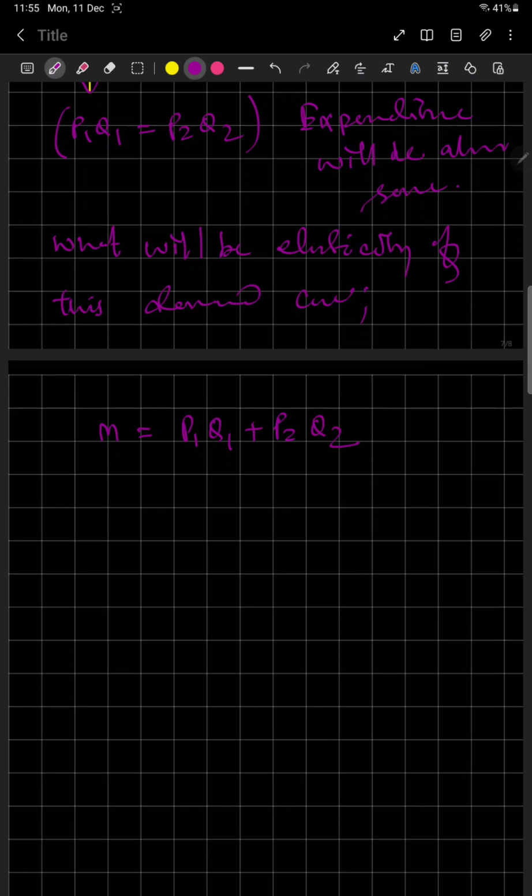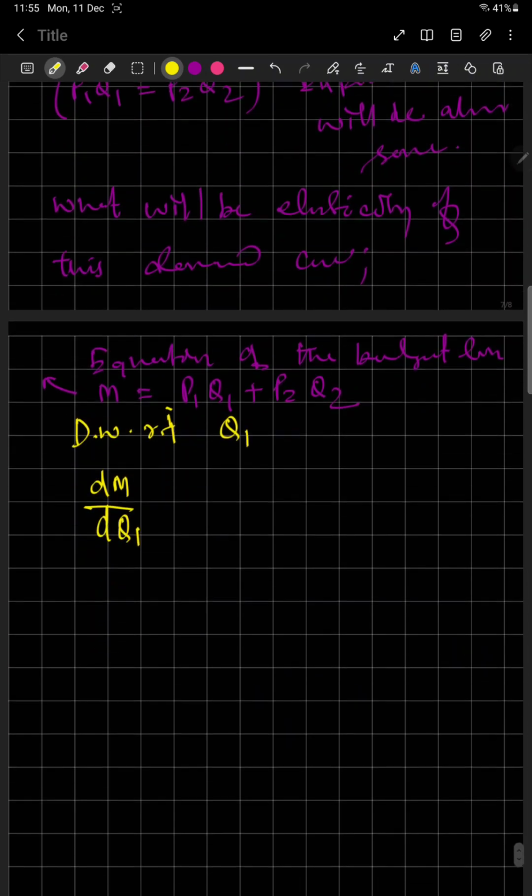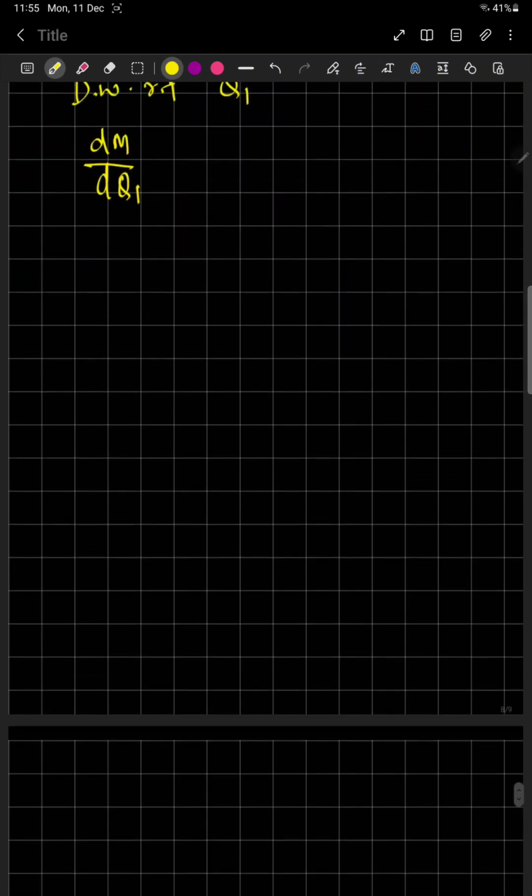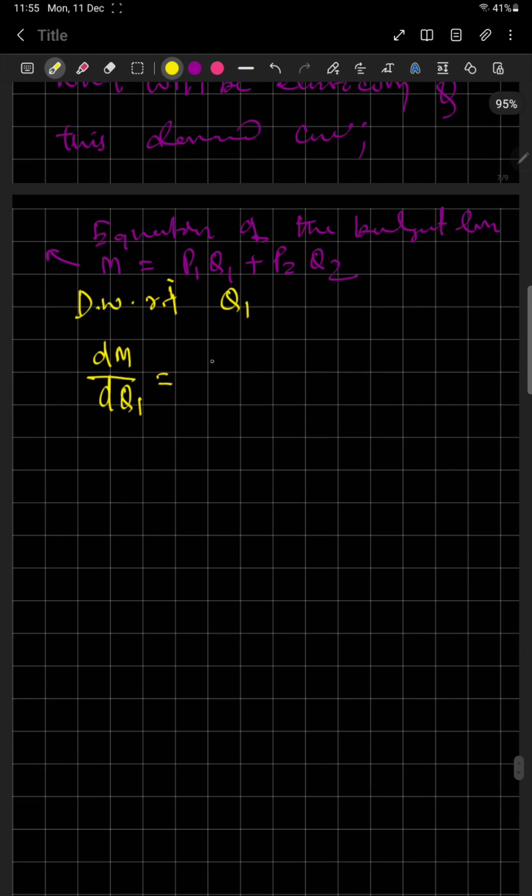Now, differentiating with respect to q1, we get dM by dq1 equals d by dq1 of P1 Q1 plus d by dq1 of P2 Q2.